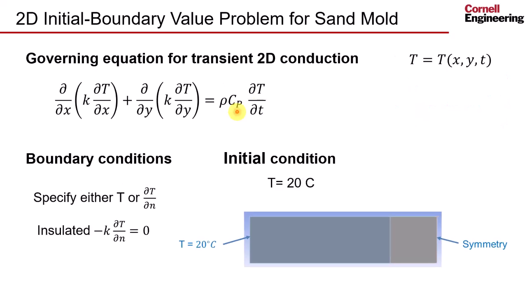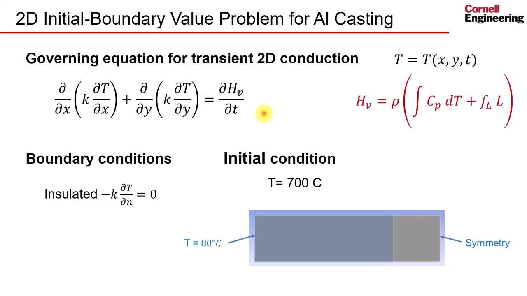So if I had it in terms of temperature, this term would be 0, but really there's a change in energy, and the change in enthalpy accounts for that. And then we need to give the relationship between the enthalpy and temperature as we saw before.